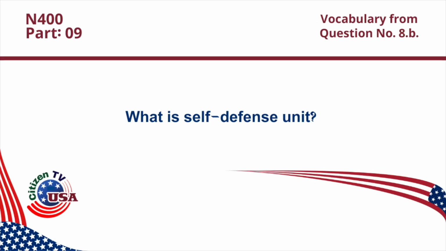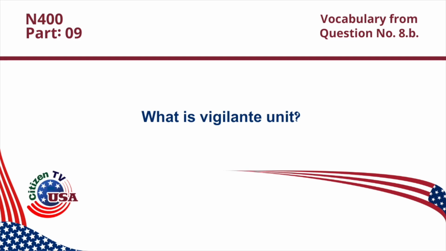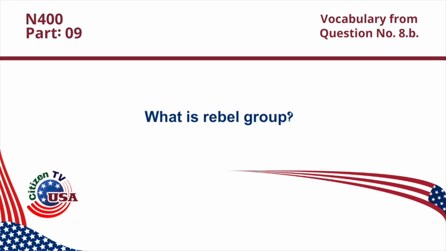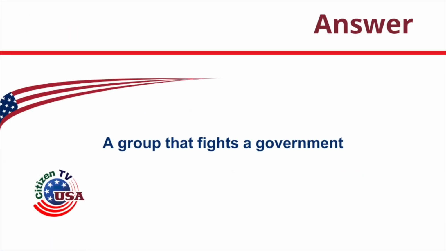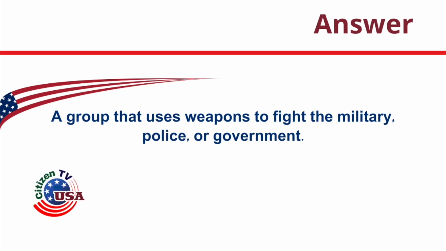What is self-defense unit? A group that protects a community using weapons. What is vigilante unit? A group that acts like the police but is not official. What is rebel group? A group that fights a government. What is guerrilla group? A group that uses weapons to fight the military, police, or government.